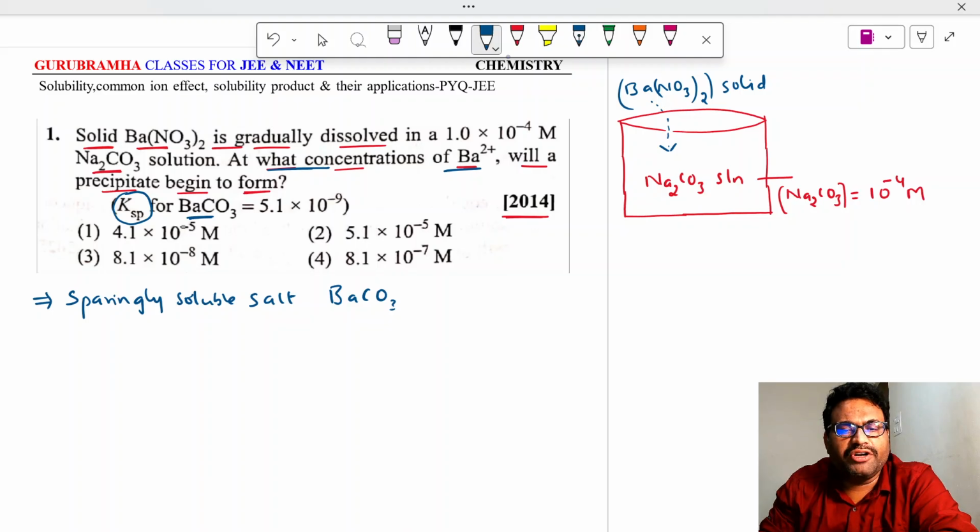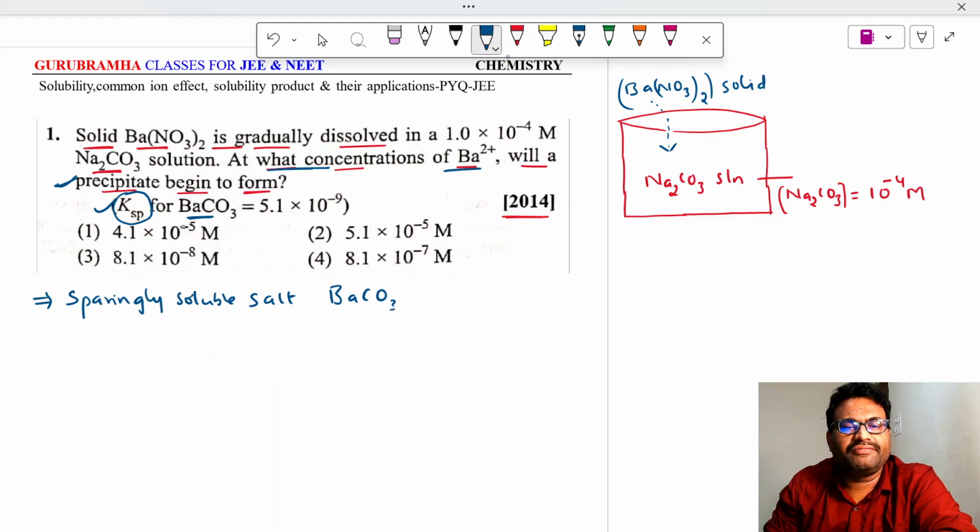How did you identify that it is sparingly soluble? Because KSP, the solubility product, is given for that. So the precipitate belongs to barium carbonate.